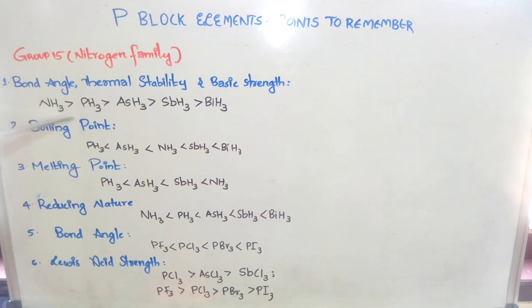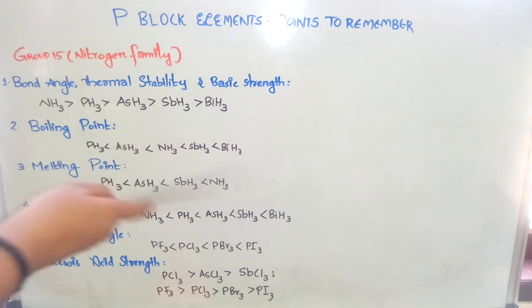The hydride of nitrogen, that is ammonia, will have the greatest bond angle, thermal stability and basic strength, and bismuth hydride will have the least. Now boiling point does not have a particular pattern in its order; ammonia comes in between, so the order changes a bit.